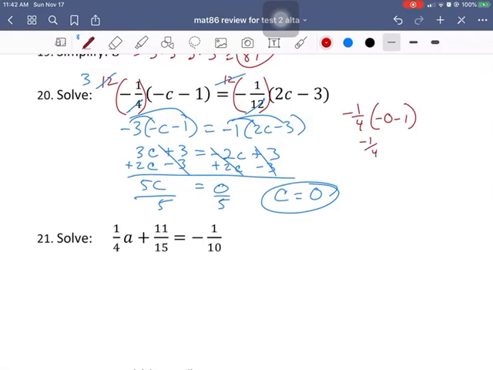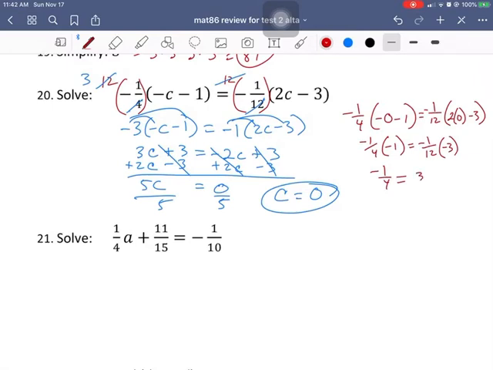So this is going to be order of operations. This is going to be times a negative 1. So that's going to be a negative 1/4 on that side of the equation. Okay. On the other side, it's a negative 1/12 times 2 times 0 minus 3. So this would be negative 1/12 times negative 3.